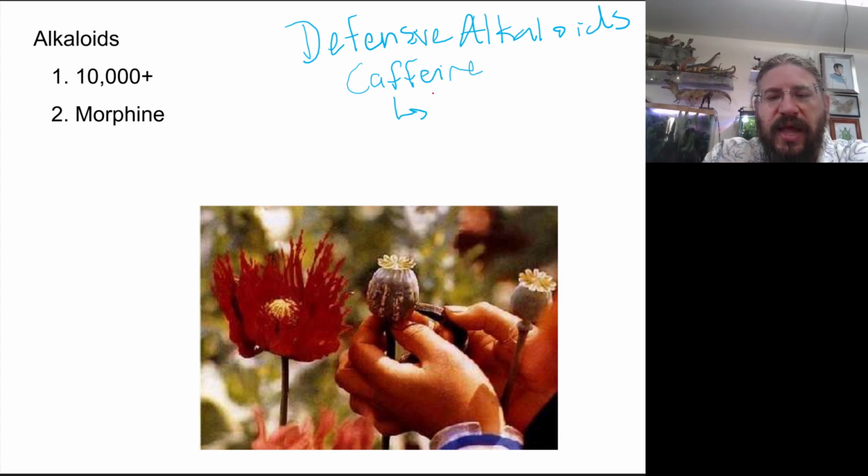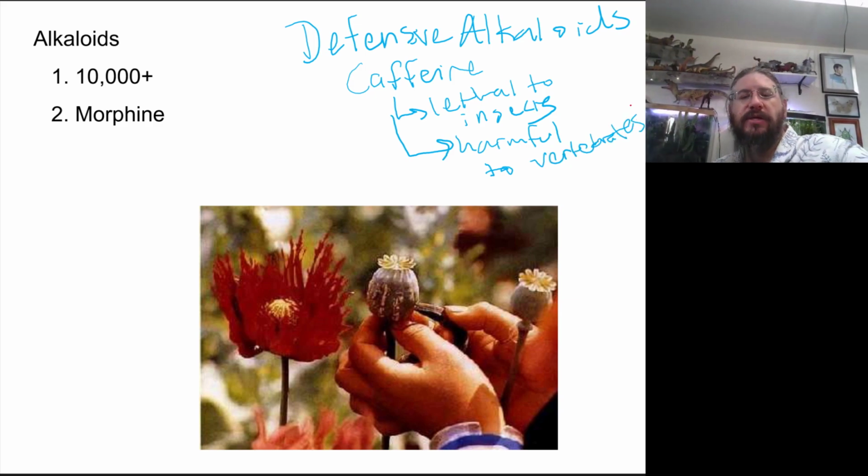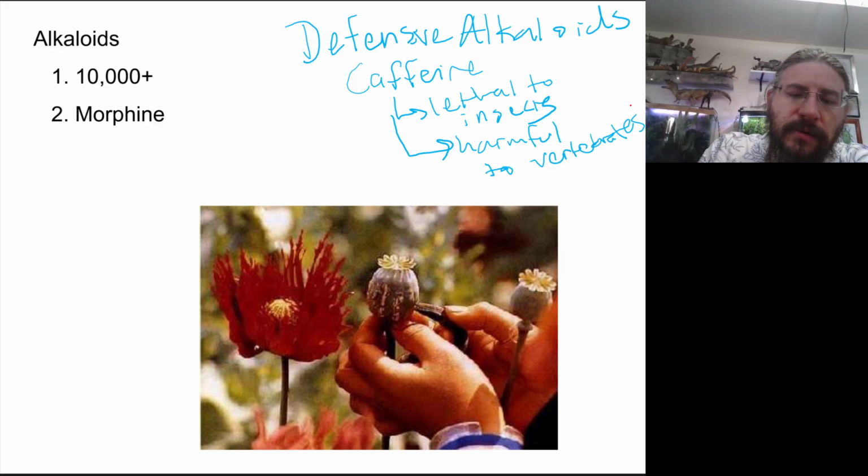Lethal to insects and harmful to vertebrates. They have to have a lot of caffeine to get killed, but harmful to vertebrates. Humans are special. We can imbibe extremely large amounts of caffeine. Nicotine.